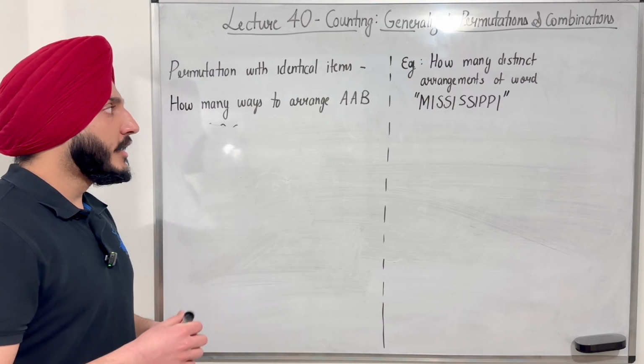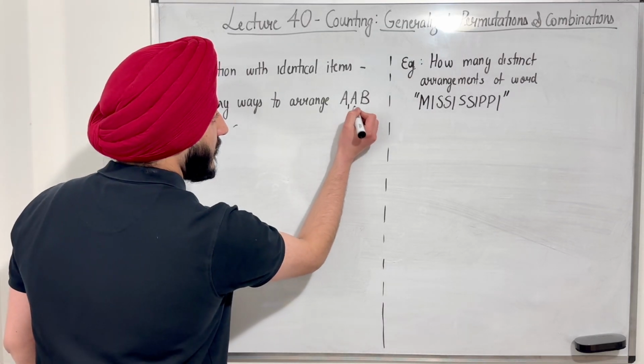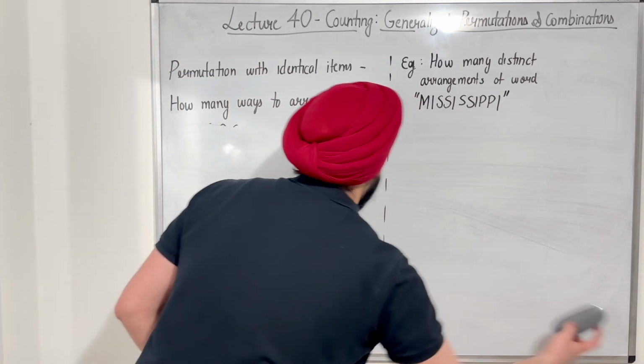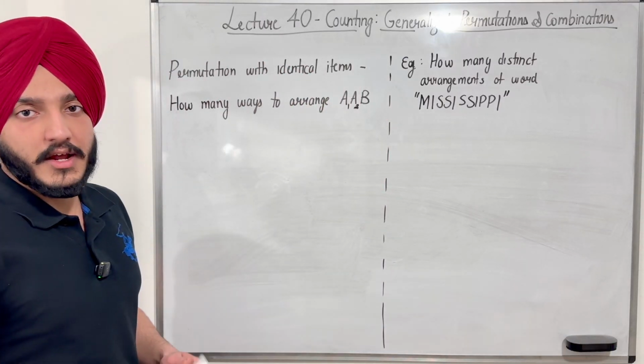Let's quickly do one thing first. For now, let's consider this as A1 and this as A2. Let's say these two A's are not the same thing, they are distinct characters.